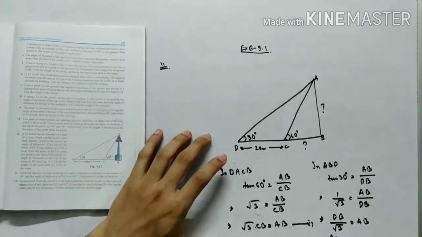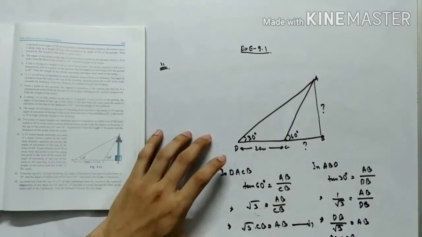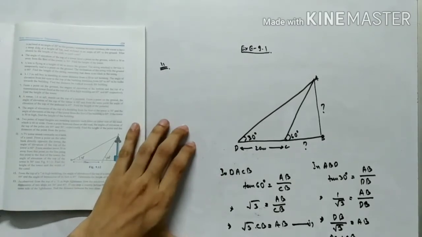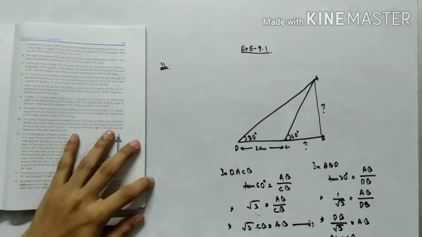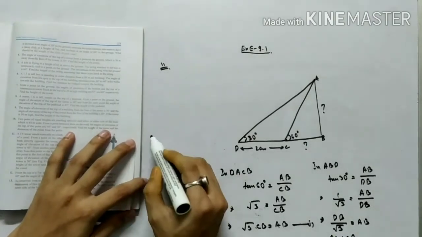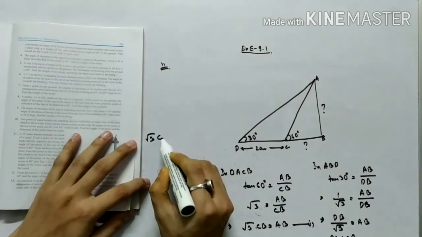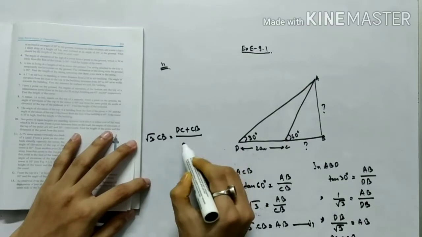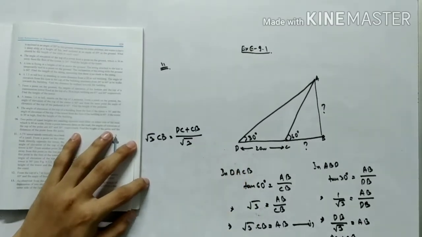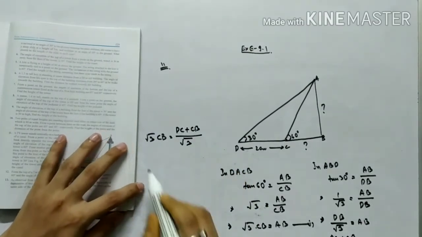DB means DC plus CB by root 3 is equals to AB. This is our equation number 2. So now you see from 1 and 2 what I got. From 1 and 2 I can write that root 3 CB is equals to DC plus CB by root 3.